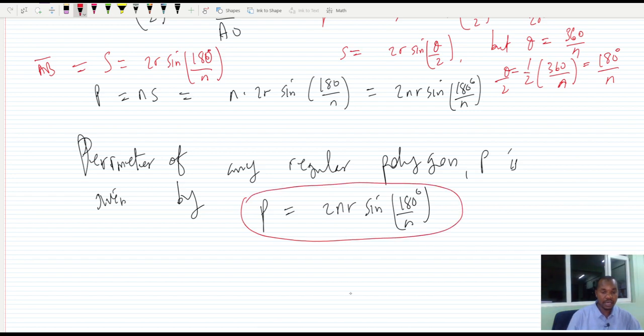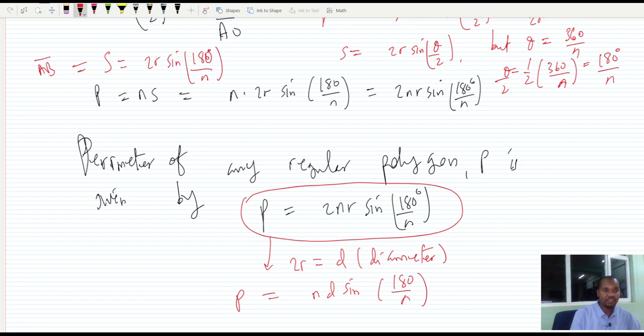But since 2R is equal to the diameter, the formula can also be reduced to perimeter equals nD sine of 180 divided by n.